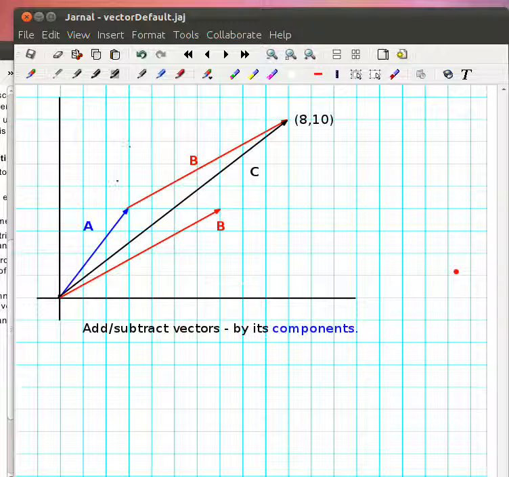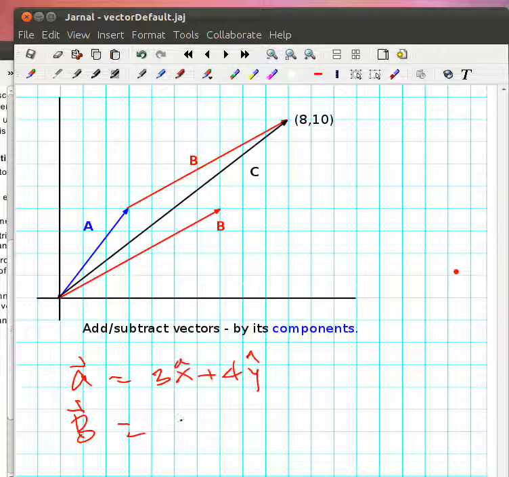Okay, here we are. So A, like we said, this A vector equals 3x hat plus 4y hat. In B vector we still have 7x hat, and it was also 4y hat.